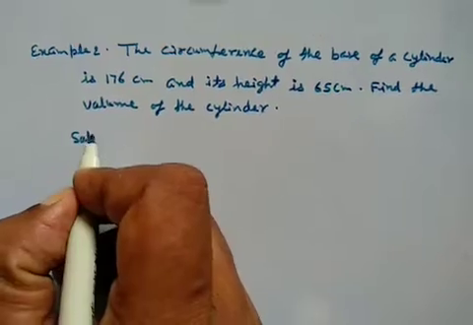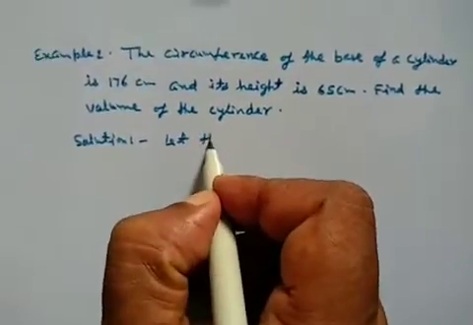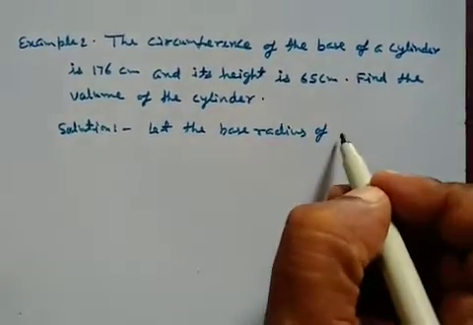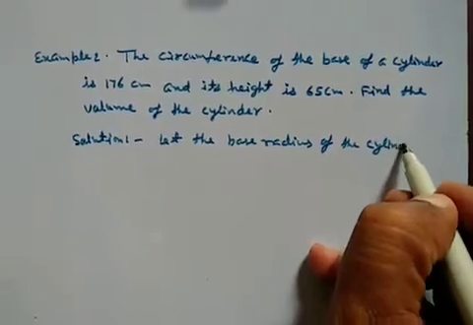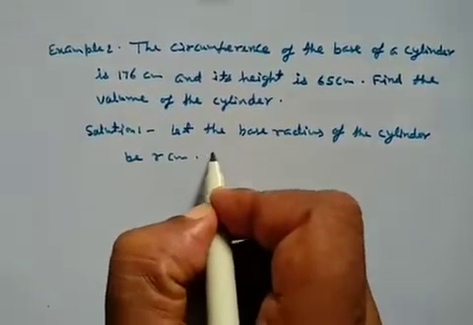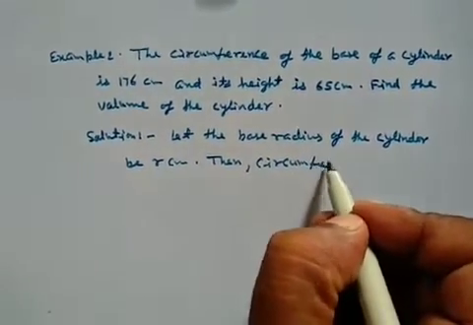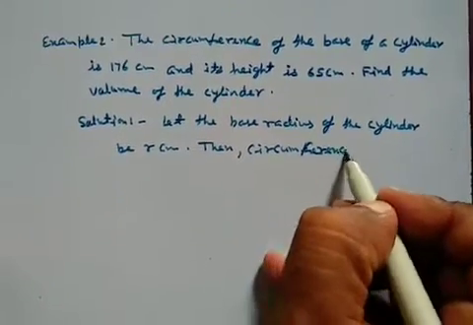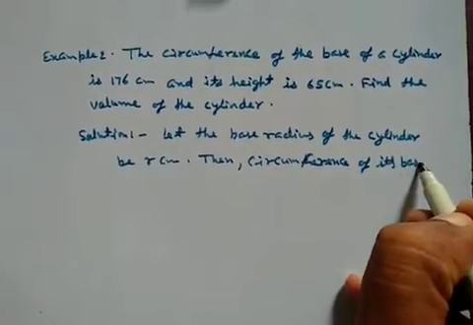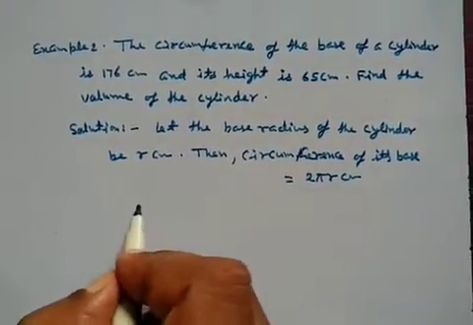Solution: let the base radius of the cylinder be r centimeter, then circumference of its base equal to 2 pi r centimeter.